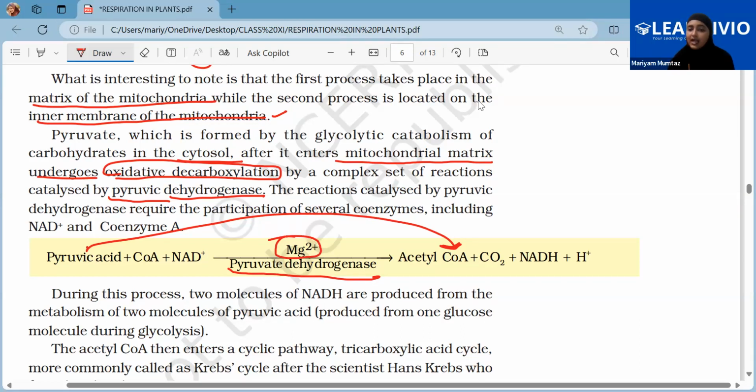The reactions catalyzed by pyruvic dehydrogenase require the participation of several coenzymes, including NAD plus and coenzyme A. Why? Because to make the process happen flawlessly, it requires certain cofactors. Clear?